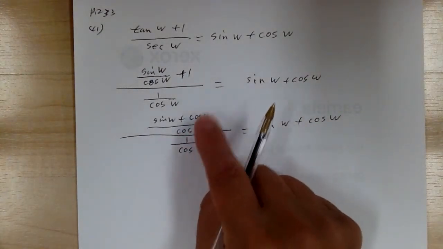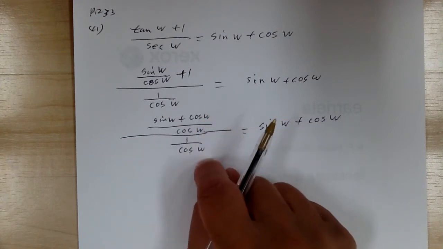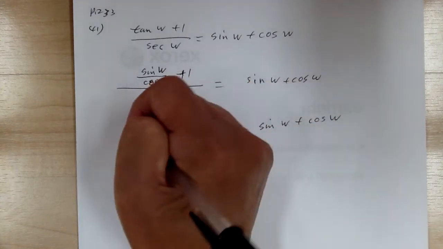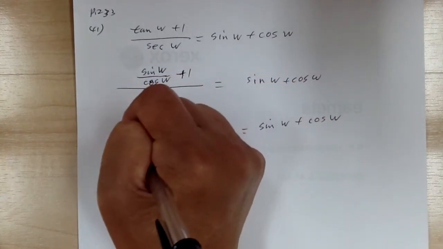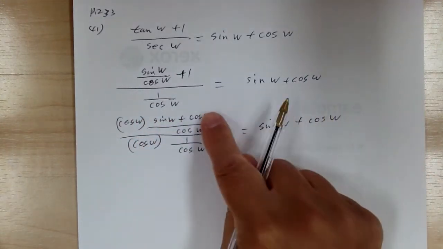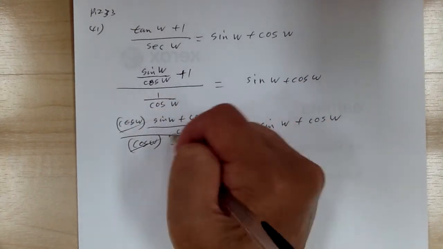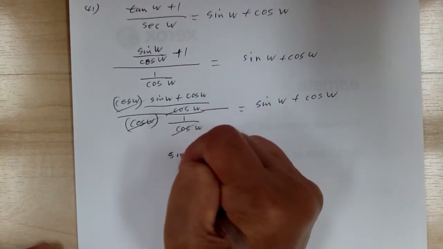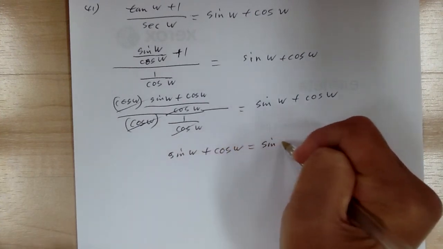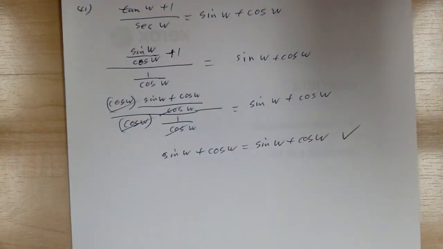Now for a complex fraction, you can multiply by the common denominator. So the common denominator is cosine W, so multiply by cosine W. To simplify your complex fraction, this cancels out, and this cancels out. So you end up with sine W plus cosine W equal to sine W plus cosine W. And that's it, so check.